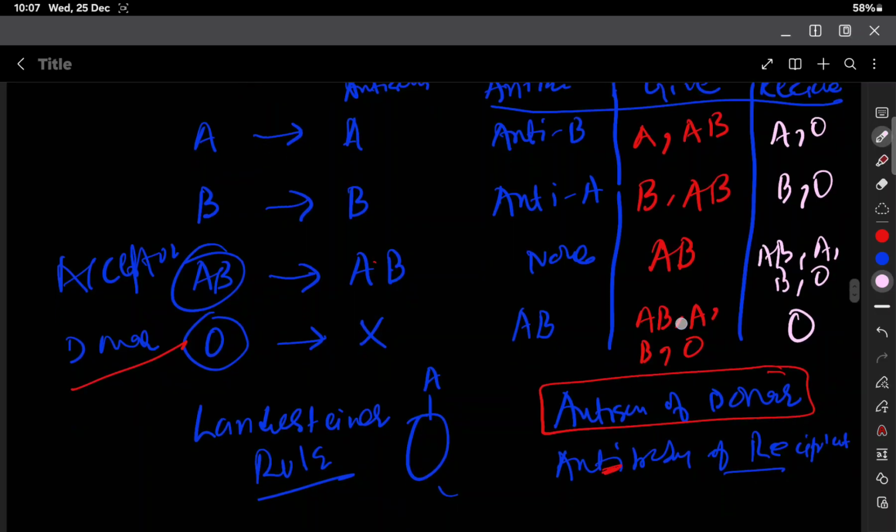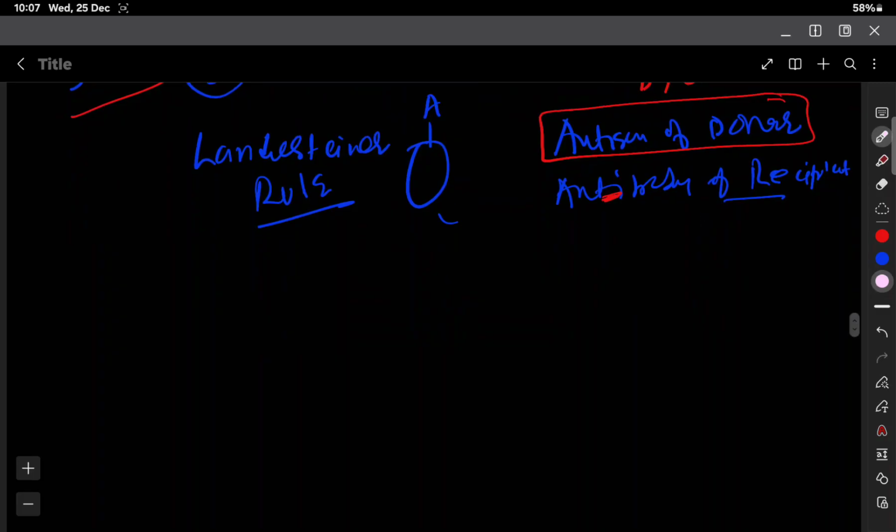Now, what is an agglutination reaction? I was telling you about agglutination reactions. For example, this is the RBC, and this RBC contains A antigen. I am taking blood group A, type A blood group. Plus, for example, this RBC reacts with an antibody.